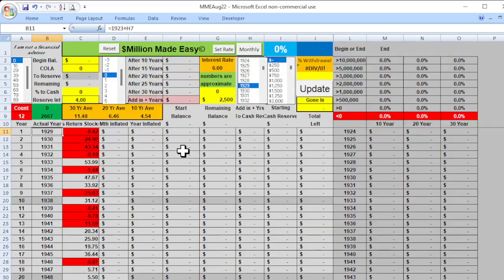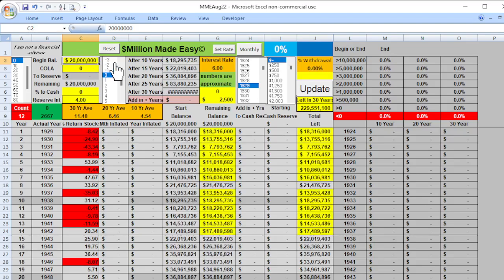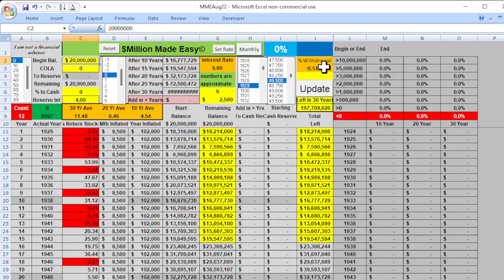So you've got 20 million at age 65, and he wants to take out 8,500 a month. Well, that's just going to be a drop in the bucket. That's like 0.5%.